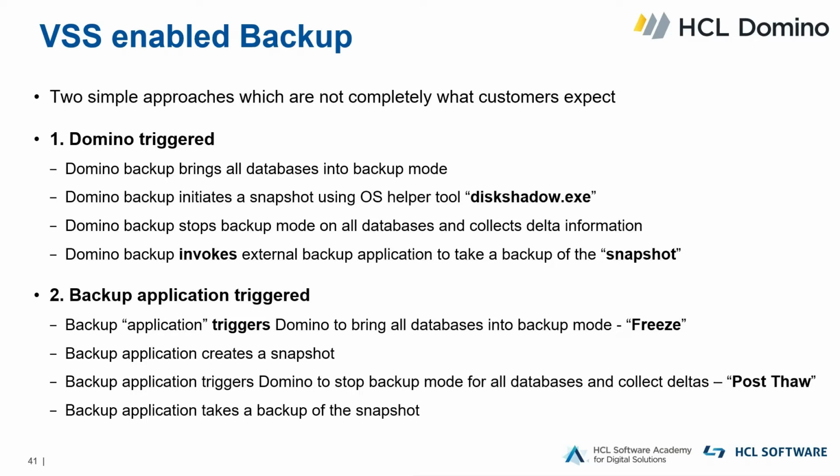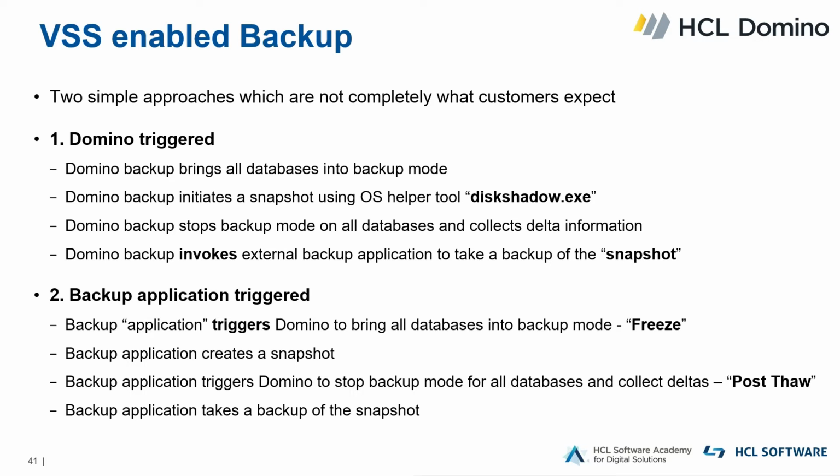Then any kind of application will create a snapshot. For example, there's a disk shadow utility shipped with Domino, and it can create a snapshot. Then once the snapshot is in place, Domino would stop the backup mode for all the databases and collect delta information. And then Domino would invoke an external application to back up the snapshot. That would be one way to go. It's not really fully integrated, but it would be a valid approach. If this is what you want to do, then yeah, that already worked in 12.01.